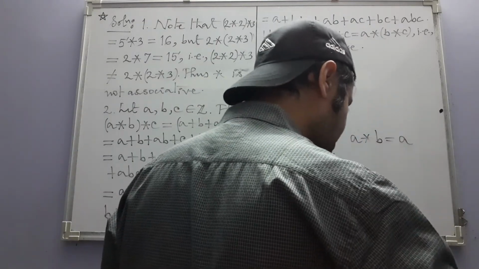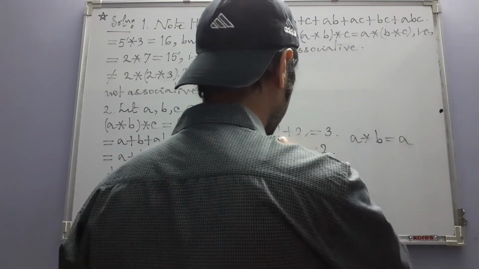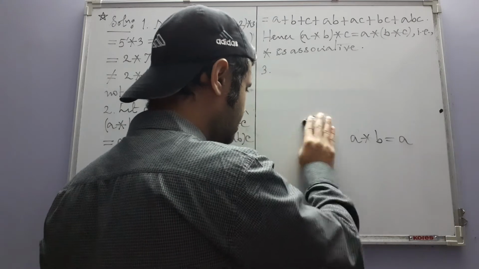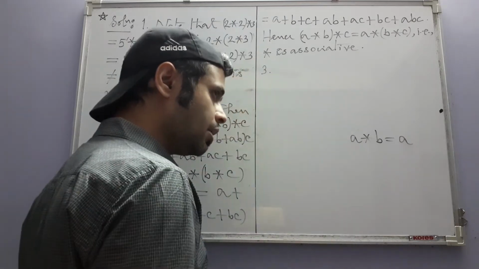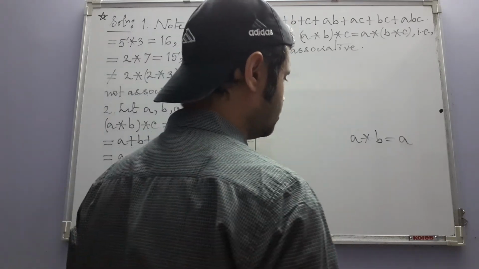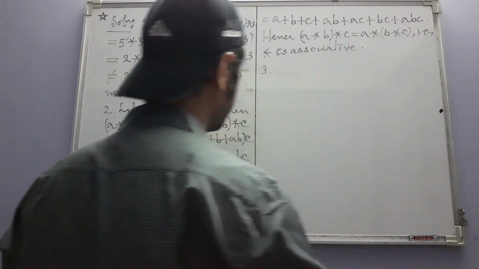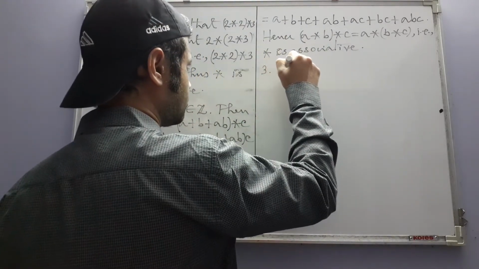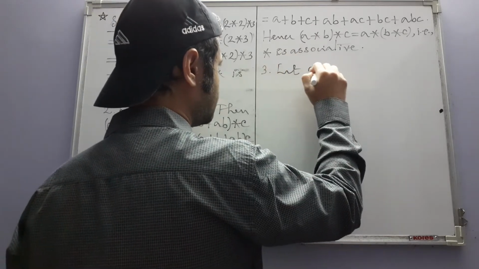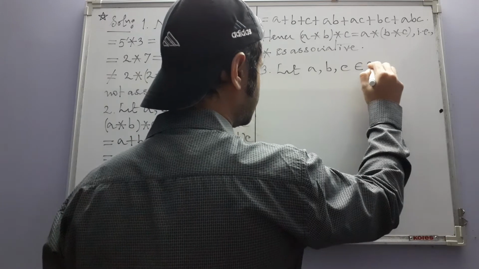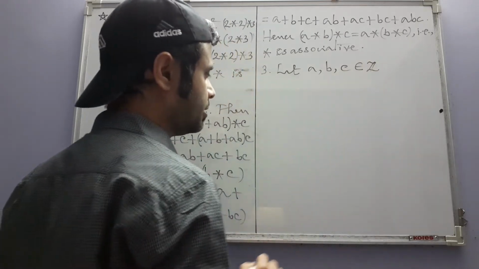But in spite of this, despite having this somewhat strange nature, it will also turn out to be associative. We will see how. Let A, B and C be integers.